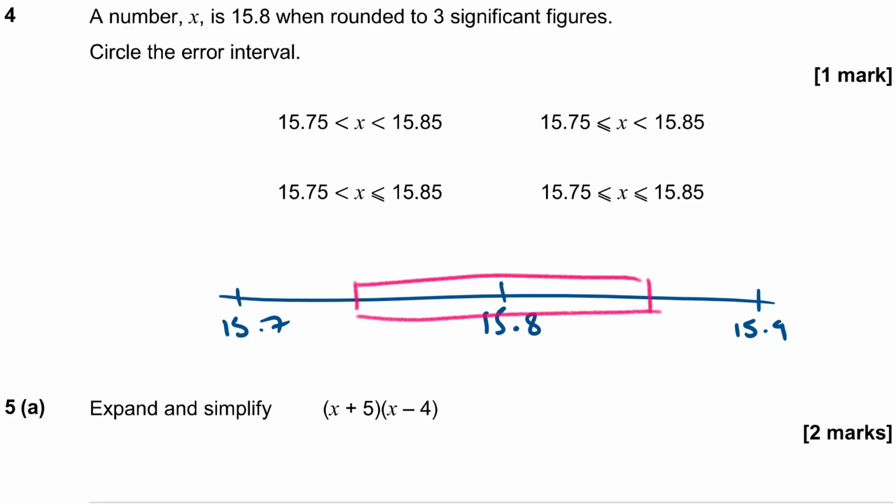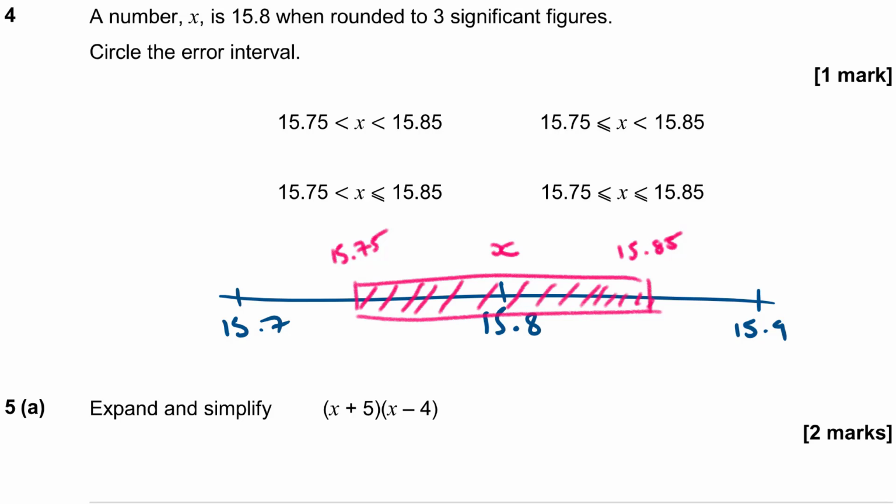So halfway between 15.7 and 15.8 is 15.75, and halfway between 15.8 and 15.9 is 15.85. So all those numbers in between are the ones that round to 15.8. So our value of x is going to be somewhere in between these.